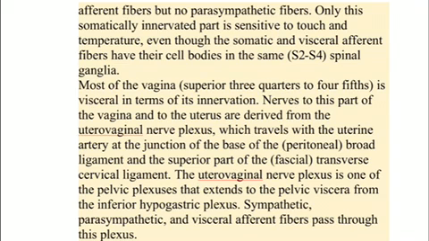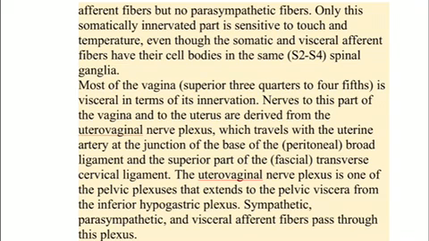This uterovaginal nerve plexus also travels along the superior part of the transverse cervical ligament. The uterovaginal nerve plexus is one of the pelvic plexuses that extends to the pelvic viscera from the inferior hypogastric plexus. Both sympathetic, parasympathetic, as well as visceral efferent fibers pass through the uterovaginal nerve plexus.